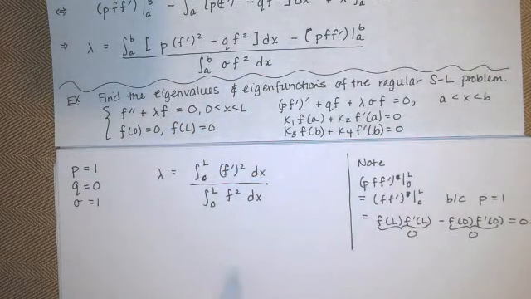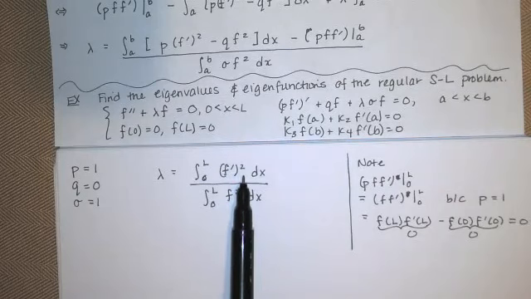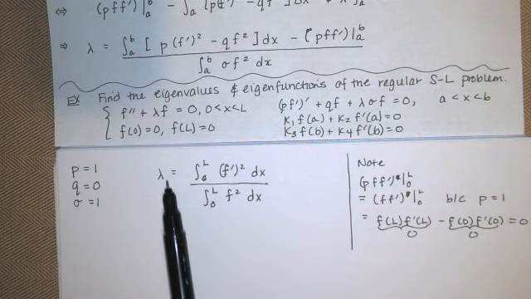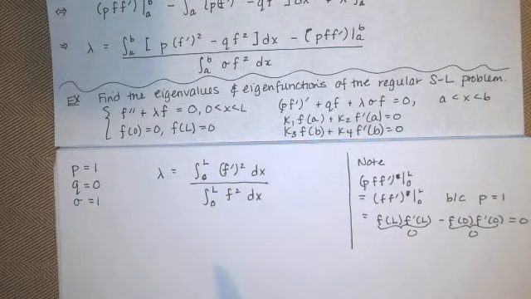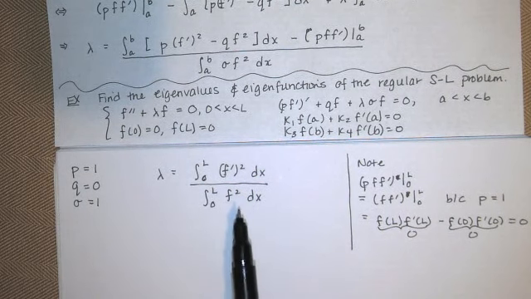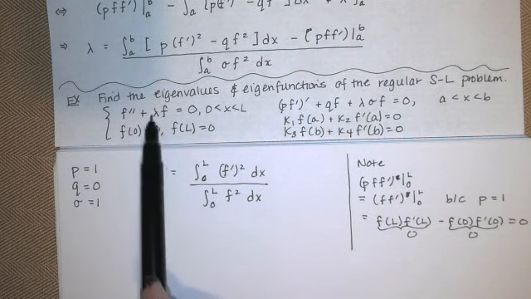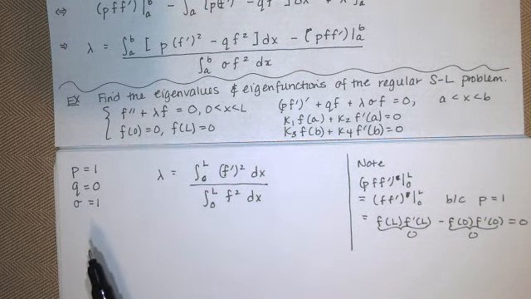One thing I want you to notice is that this integrand is certainly positive, or possibly 0. So just looking at this, we can tell that lambda would have to be greater than or equal to 0. Of course, the denominator is always positive. Because again, we're talking about eigenfunctions. Those are non-zero solutions to the differential equation over here that correspond to these particular values of lambda called the eigenvalues.